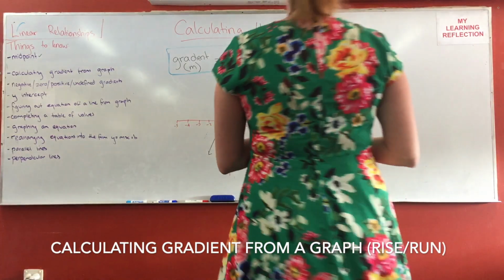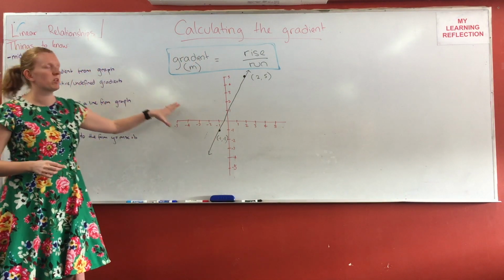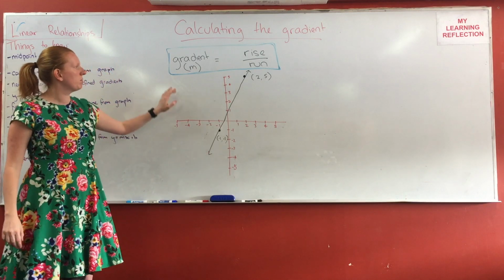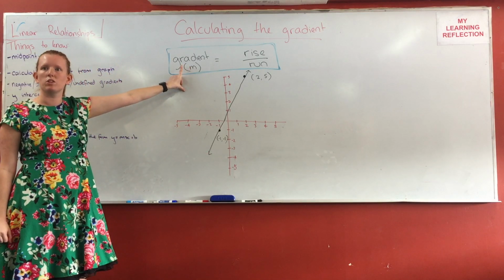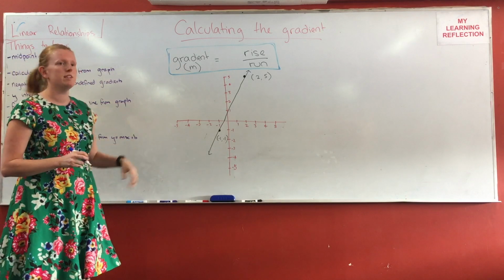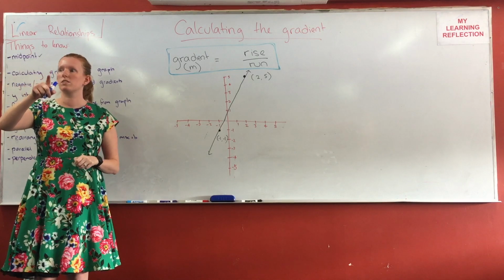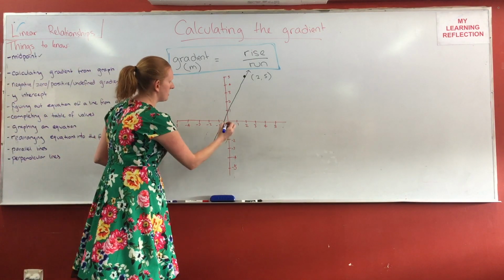Alright, so let's take a look at how we calculate the gradient from a graph. So we're looking at an equation that's been graphed here, and we want to try and find our m, which for some strange reason stands for gradient. Any ideas as to what we might do? The rise over the run. Triangle. Awesome. We are going to do rise over run, and we have to do the triangle thing. Fantastic.